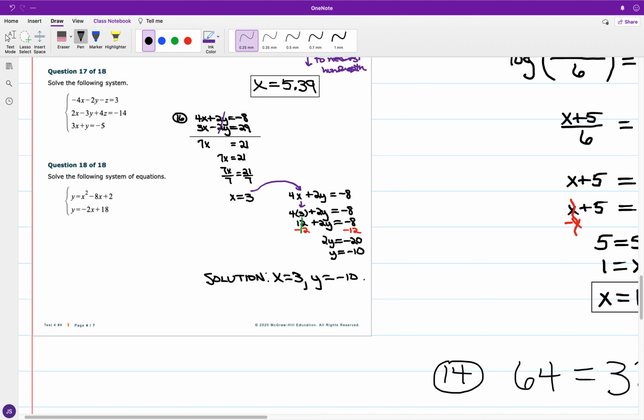Again, in ordered pair terms, x and y is equal to 3 and negative 10. And you can check your results here: 4 times 3 is 12, 2 times negative 10 is negative 20, 12 minus 20 is equal to negative 8, and 3 times 3 is 9, and negative 2 times negative 10 is a positive 20, and 9 plus 20 is equal to 29.